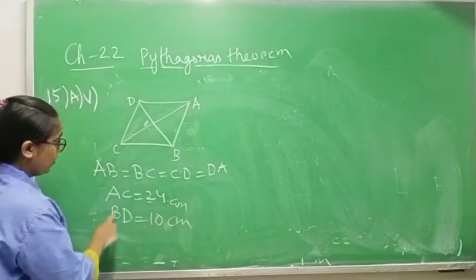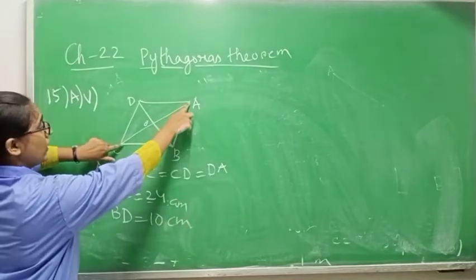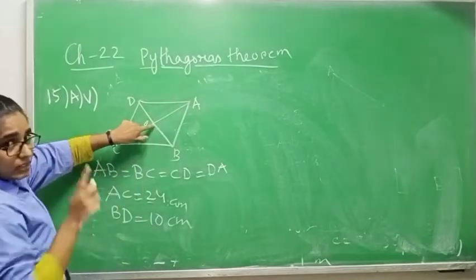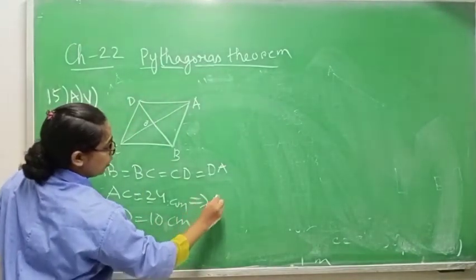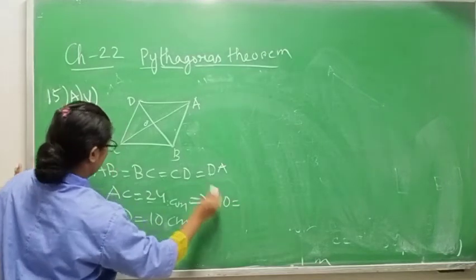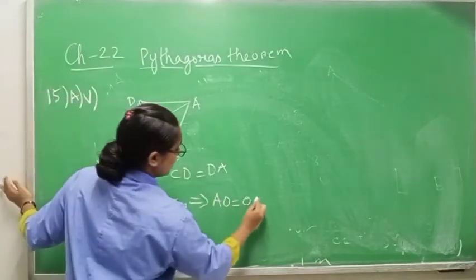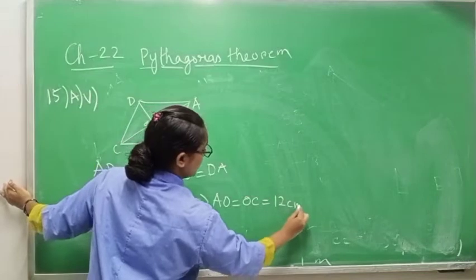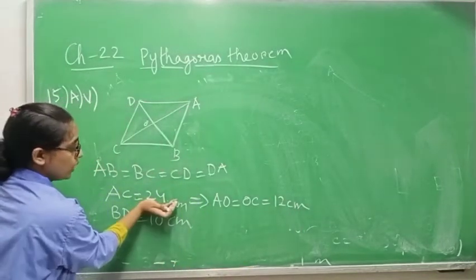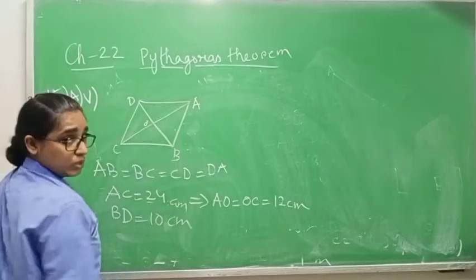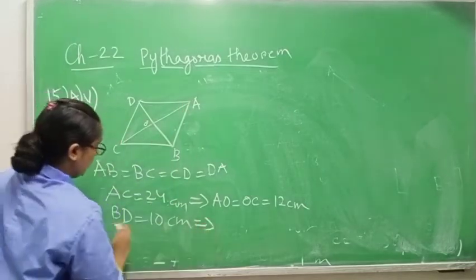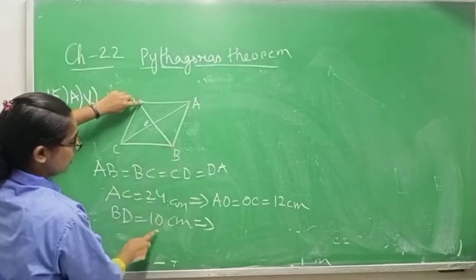Now if AC full is 24, O is the bisector because it bisects into two equal halves. You can write therefore AO equals OC equals 12 centimeter. Why? Because 24 is total, and if you take half, AO is 12 and OC is also 12. Same you will do here. BD is this one, BD total is 10.